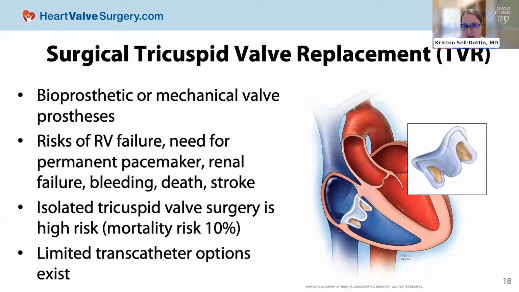So the procedure itself is not necessarily more complex, but the sort of physiology that is associated with this is certainly more complex. And so often we're going to see right-sided heart failure. We're going to see impacts on your liver function and your kidney function. And so in general, people who have isolated tricuspid valve disease are simply sicker patients than those undergoing standard heart surgery.